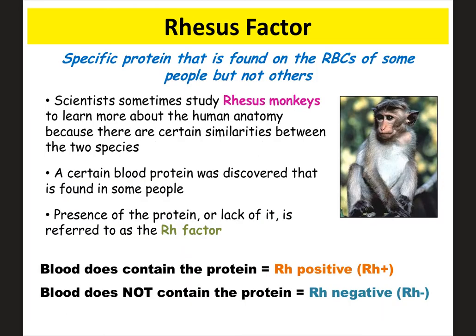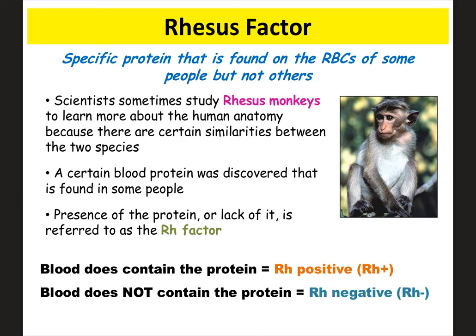There's something else here called the rhesus factor. This is another protein that is found on the red blood cells of some people, but not others. Scientists studied these rhesus monkeys and discovered this protein on the cells, and they noticed it's found in some people and not found in other people. So they call this the Rh factor.